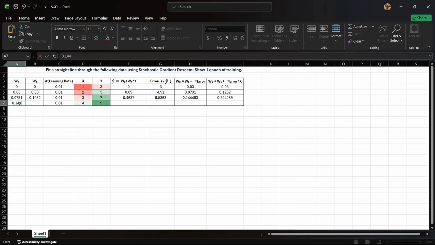we update the w0 and w1 from the third iteration and perform the fourth iteration.